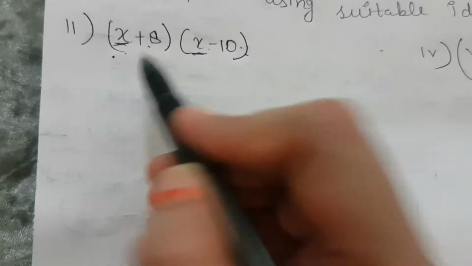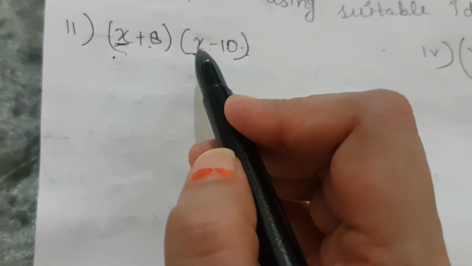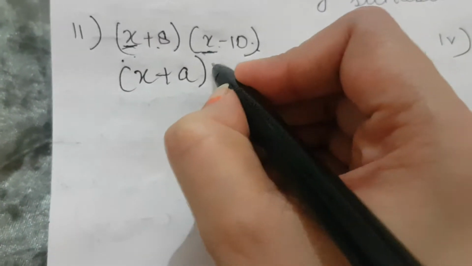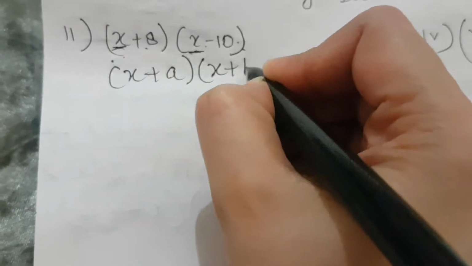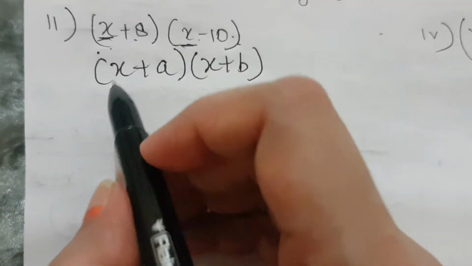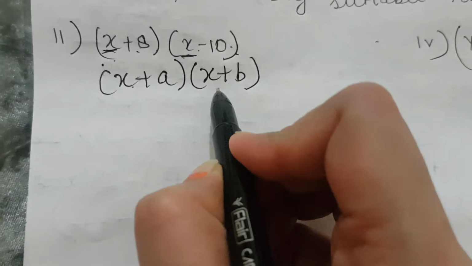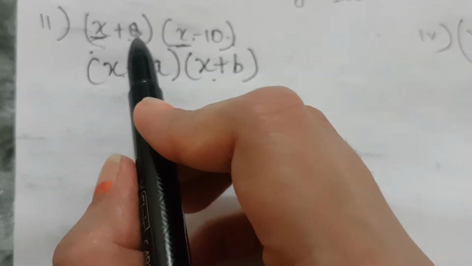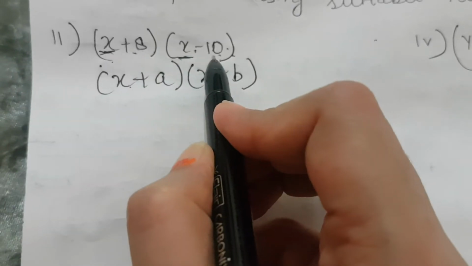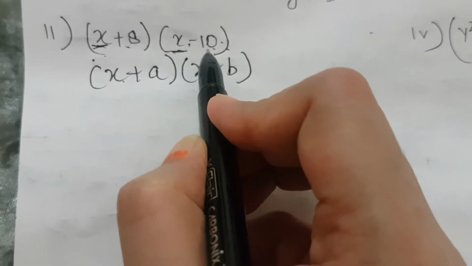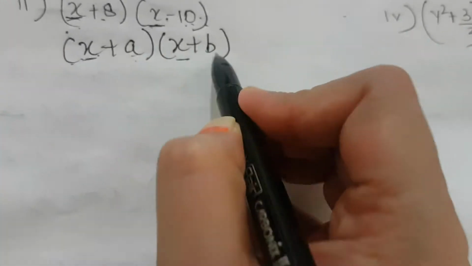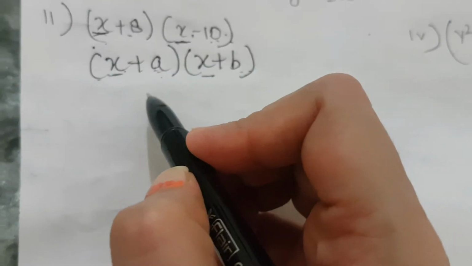In this condition, which identity will we apply? The first one which I told, (x plus a)(x plus b). We apply this identity where the first term in two expressions is the same and the second terms are different, a and b.